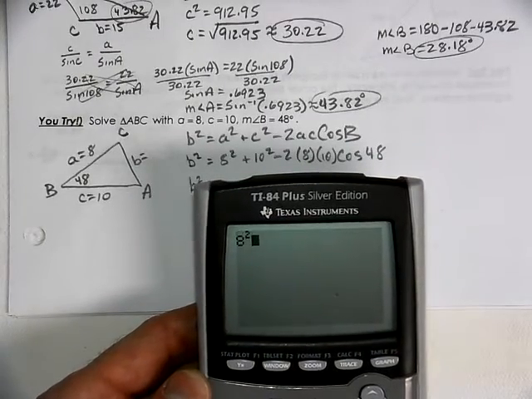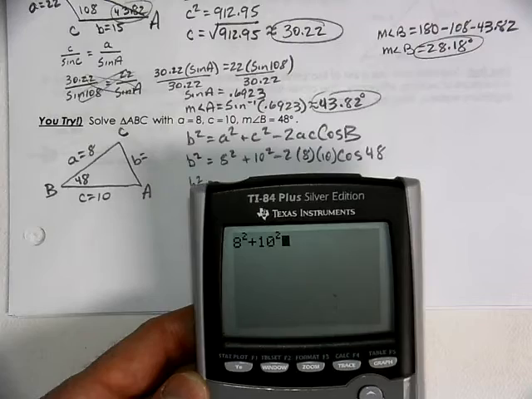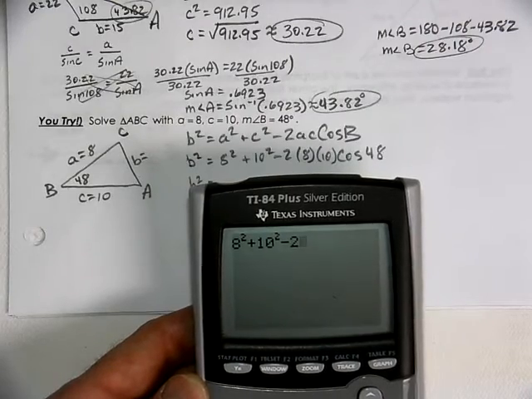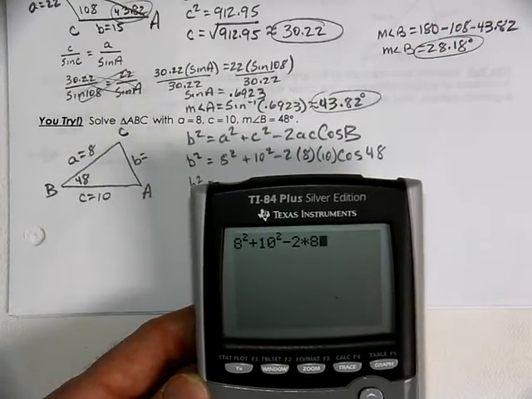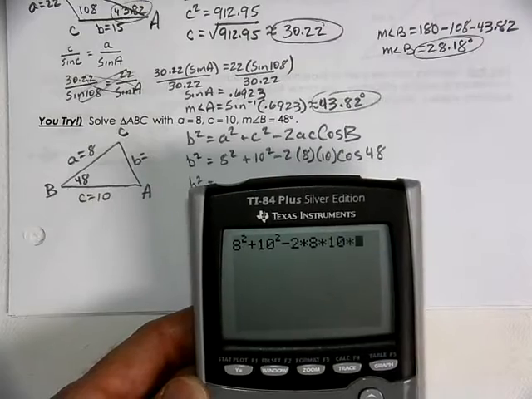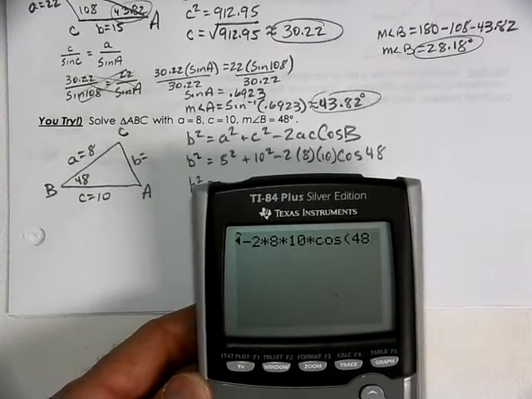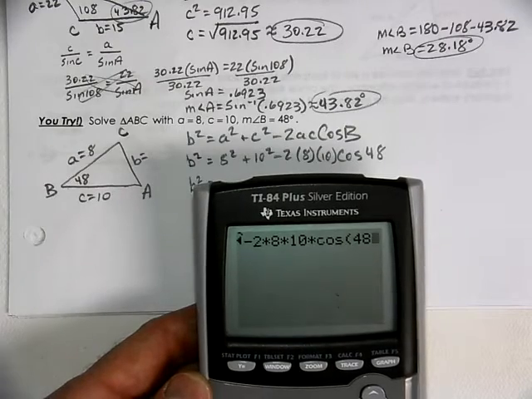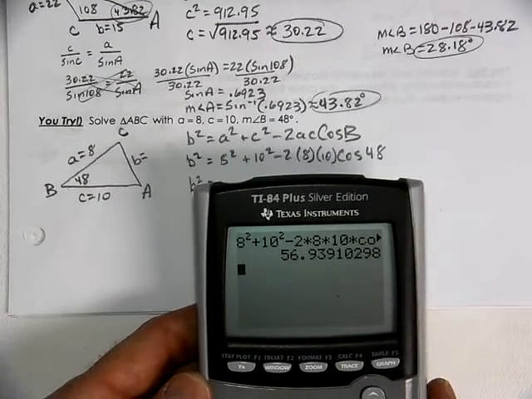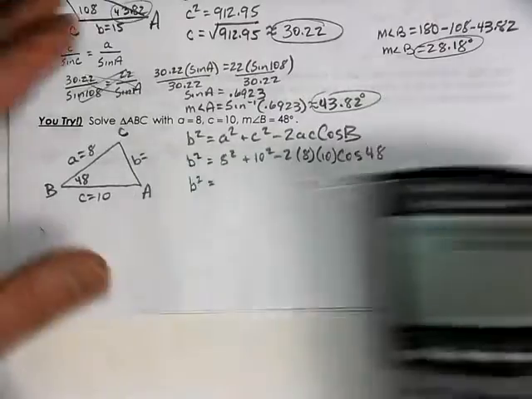We have 8 squared plus 10 squared minus 2 times 8 times 10 times the cosine of 48. So type your whole line right into the calculator, and you're going to get a 5694.